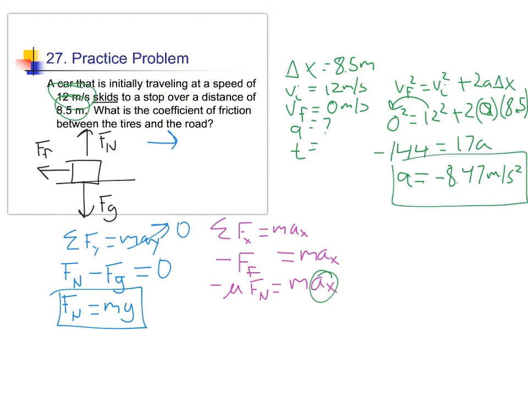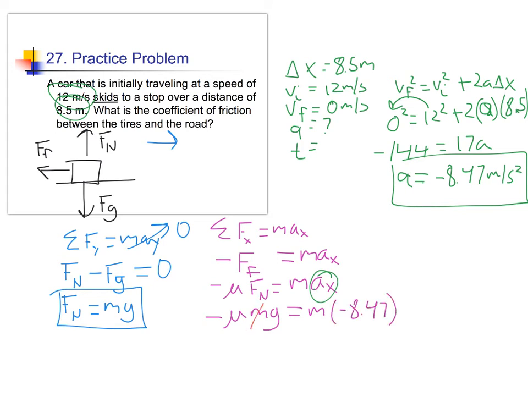Now that I have that, I can go back to my max, and I'm going to take everything that I found and sub it in. So I don't know mu, that's what I'm looking for. I don't know Fn, but I do know that it's equal to mg. I found that over here with my may equation. I also just found that my acceleration is negative 8.47.